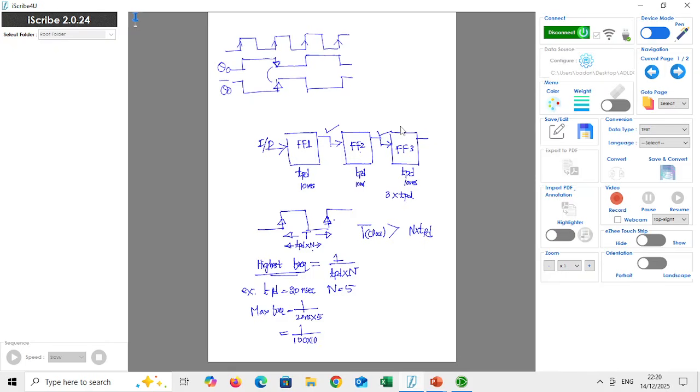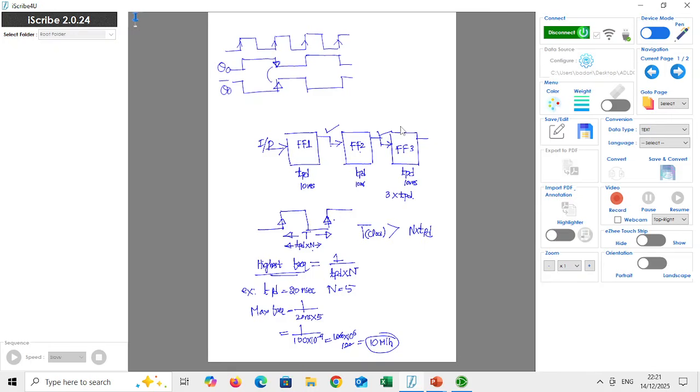Nanosecond is 10 to the power of minus 9. Bringing them to the numerator, 10 to the power of 6 into 1000, which is nothing but 10 to the power of 3 in the denominator. So we get 10 megahertz. This is the highest frequency, the safest frequency at which the counter can run for this specification.